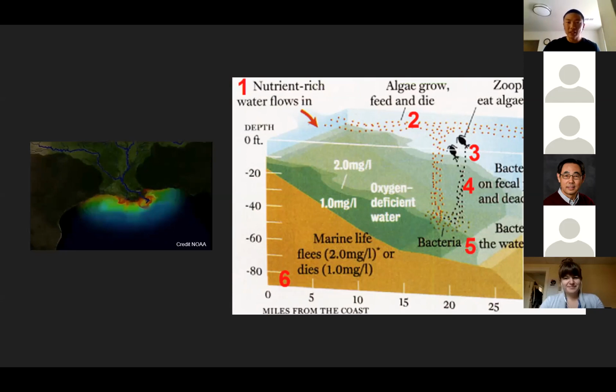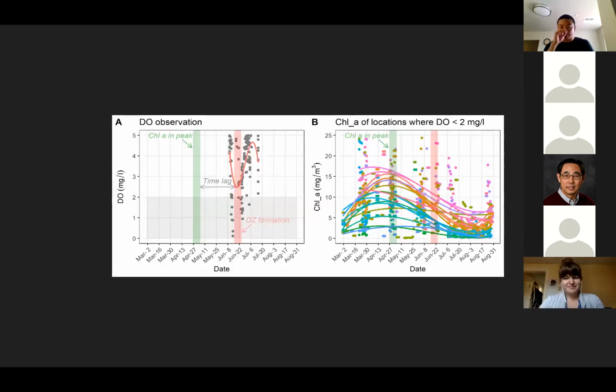So one possible way is to identify the linkage between something we can observe from remote sensing data from space, and such a thing can relate to the low oxygen level below the water.